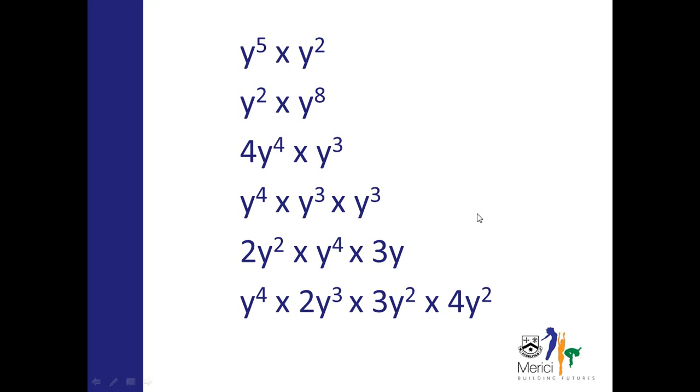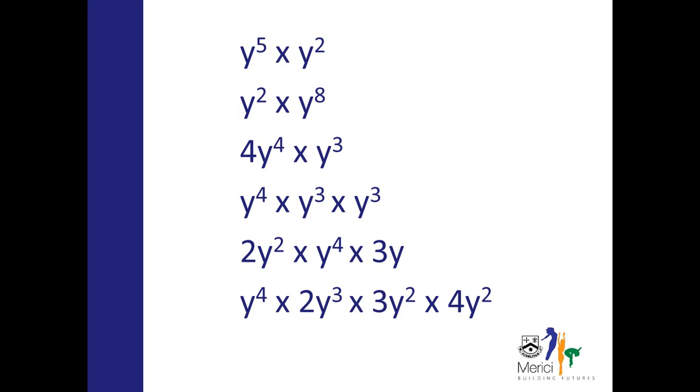So, what I would like you guys to do is to have a go at these examples. Now, I've got answers on the next slide. When you get down here, or here, for example, just remember if there's nothing at the front, then it's really a 1.